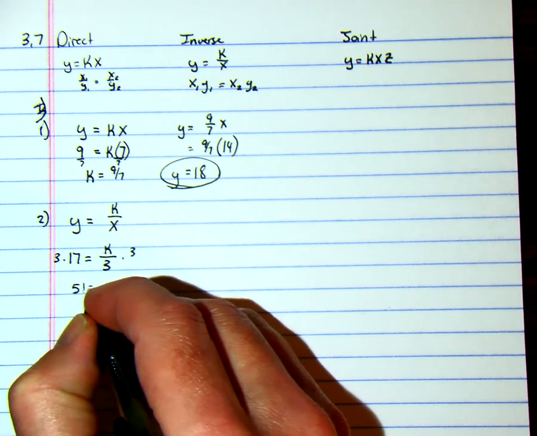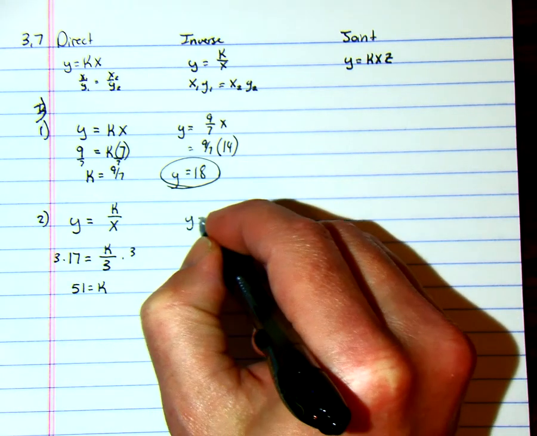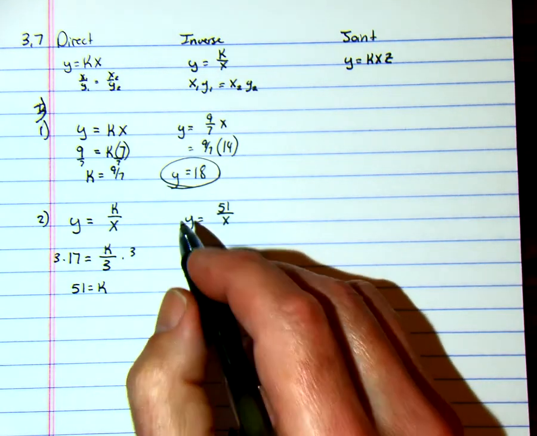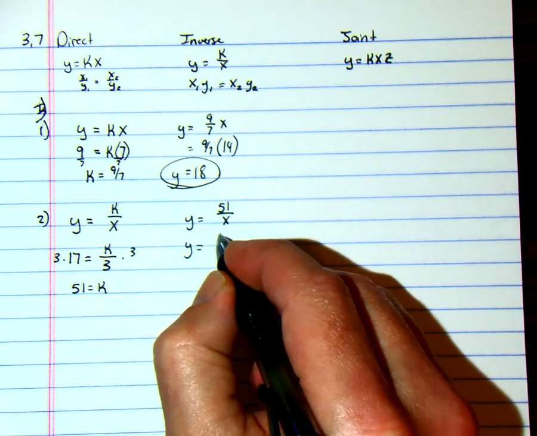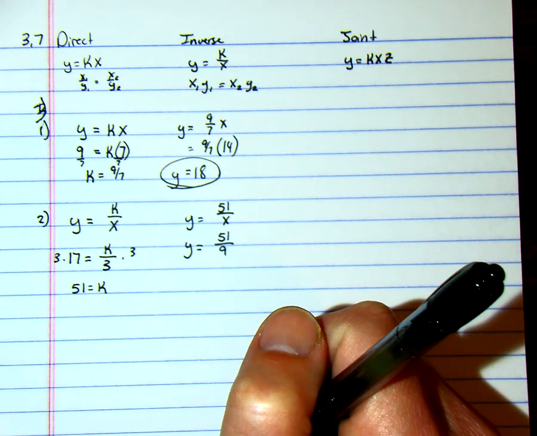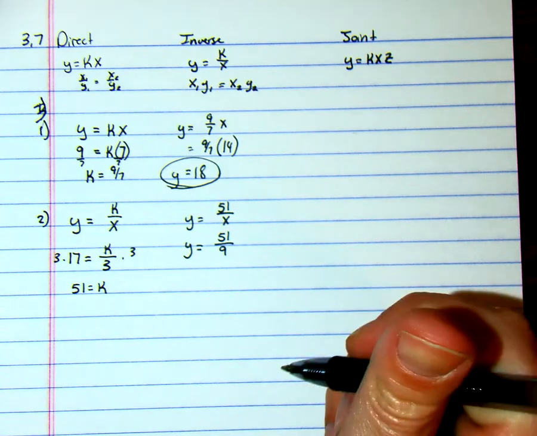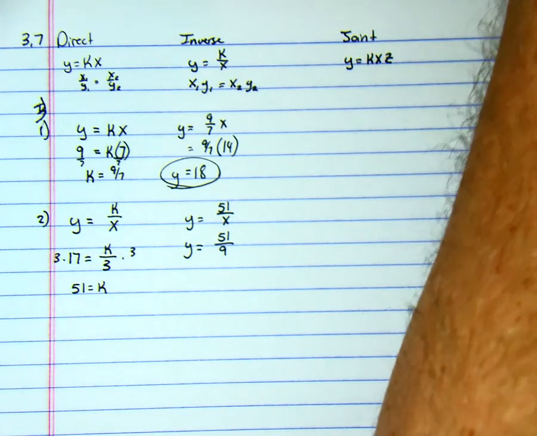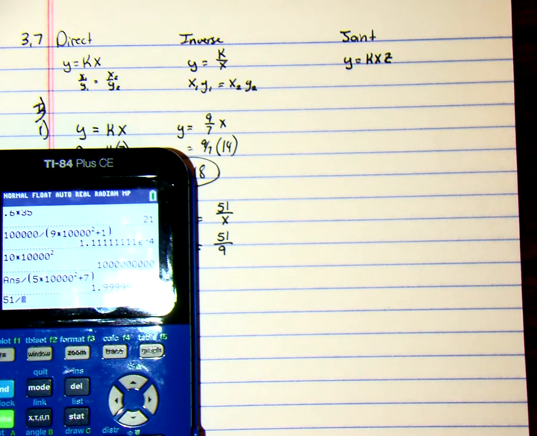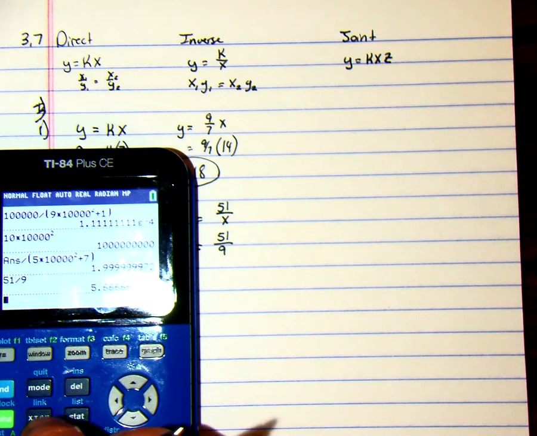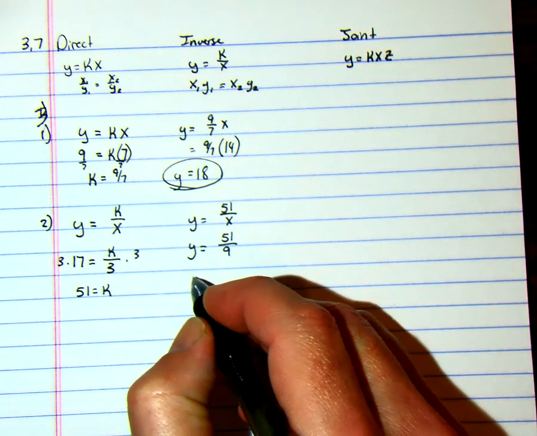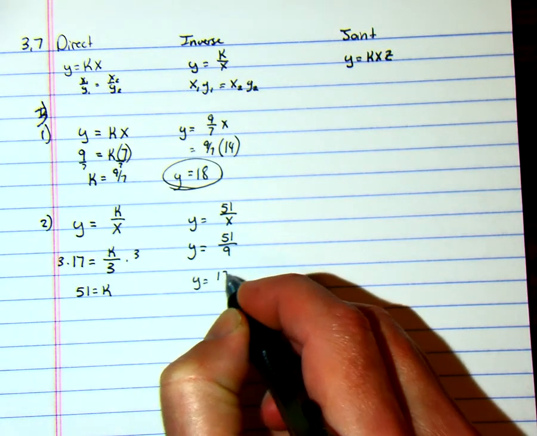And we're going to find out that 51 is equal to k. So that means we have y equals 51 over x. So that's the equation that we're going to roll with. Now we just got to find y. 51 is not divisible by 9, so I guess we just have to reduce that. Divisible by 3, so y equals 17 thirds.